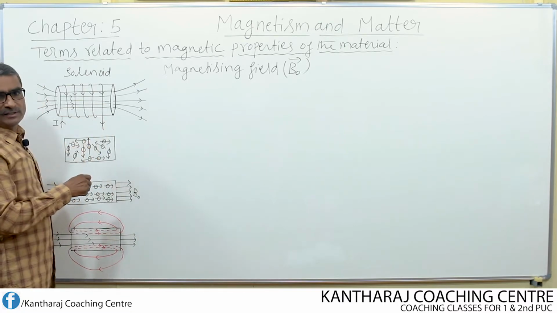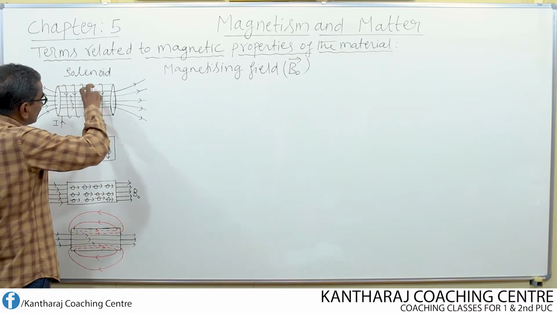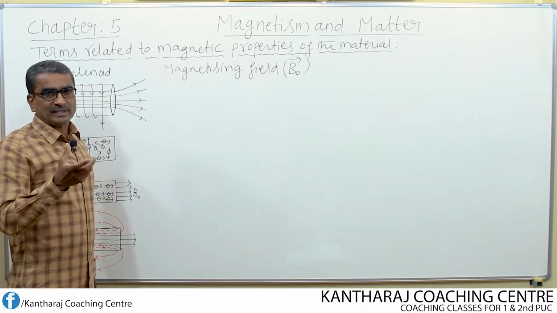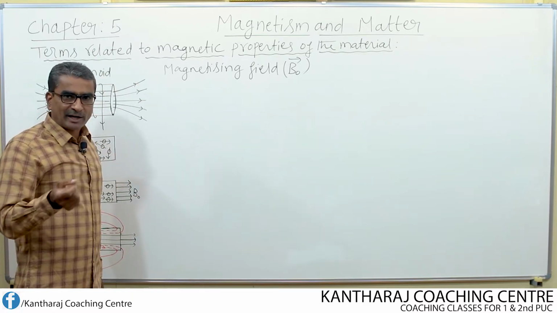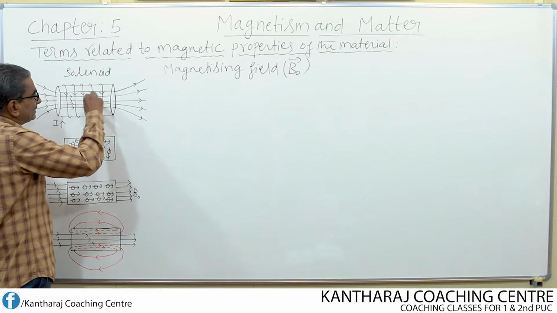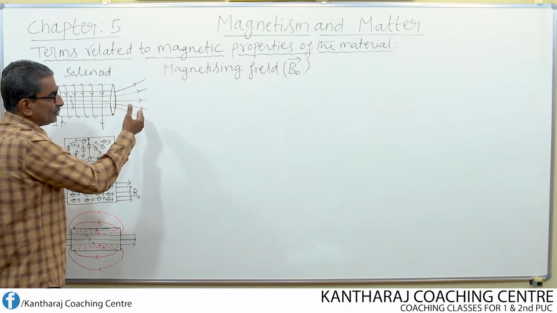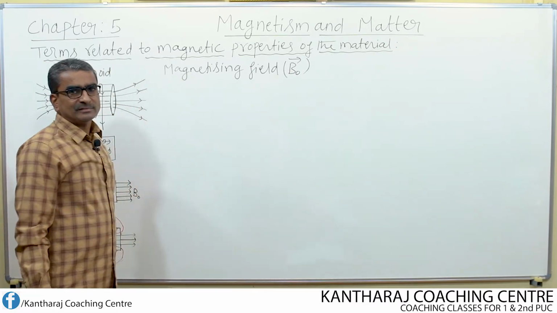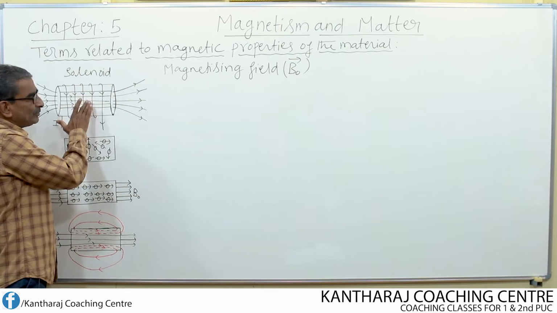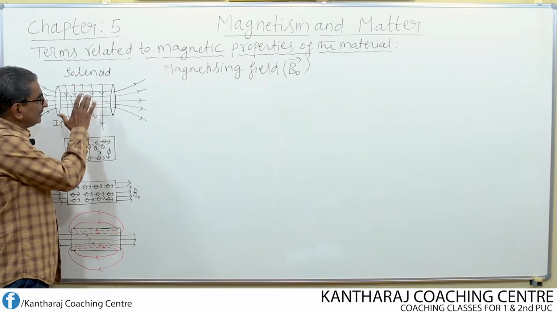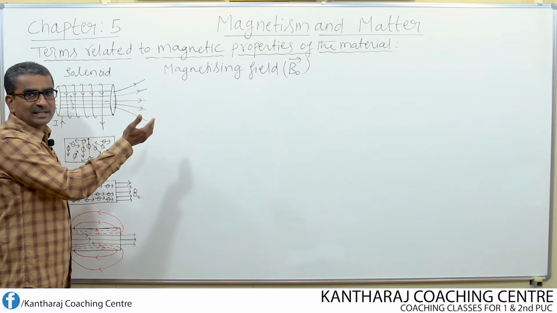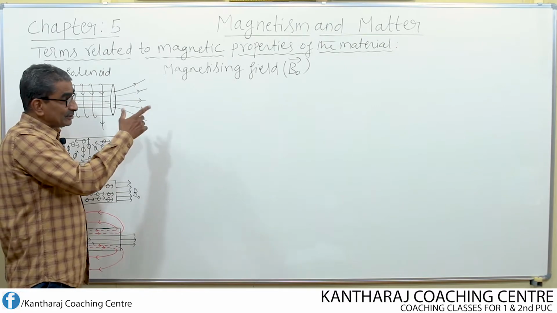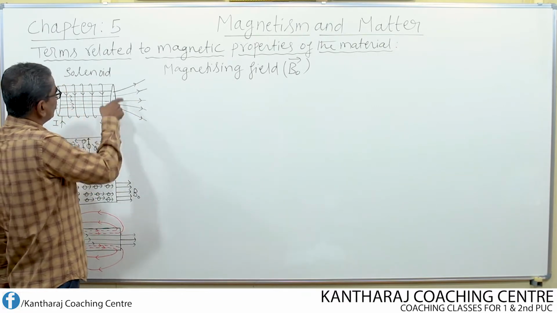The magnetic field produced by the solenoid, or even by a toroidal solenoid, that exists in vacuum and is used to magnetize a material, is known as the magnetizing field. We can convert a magnetic material which is not a magnet into a magnet by making use of this field.